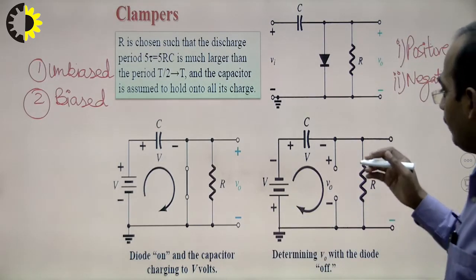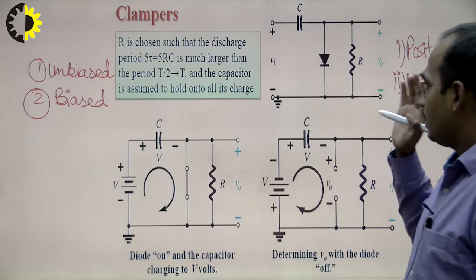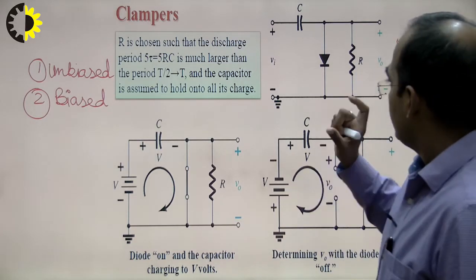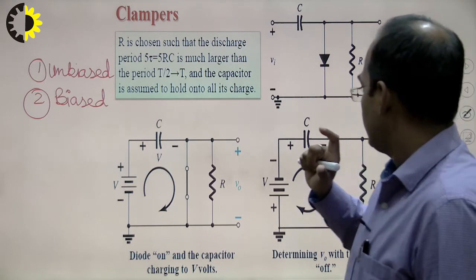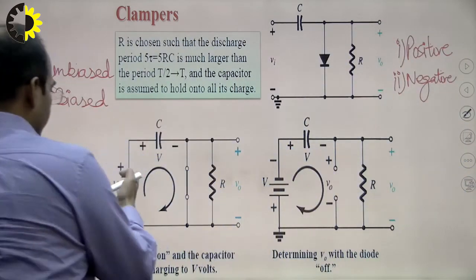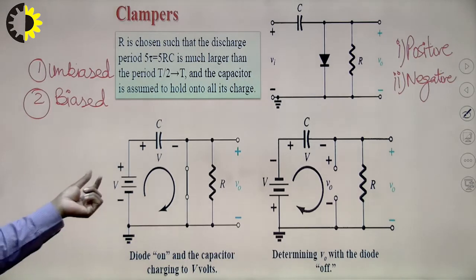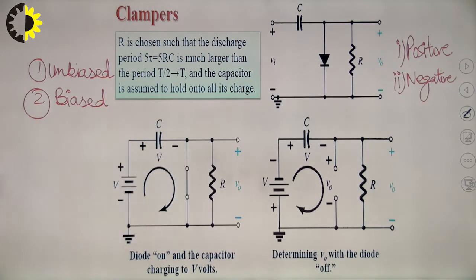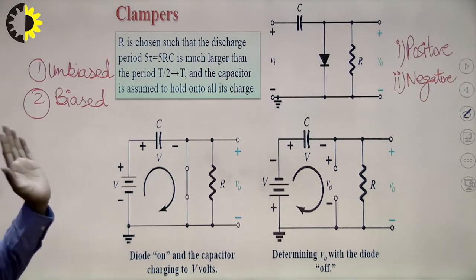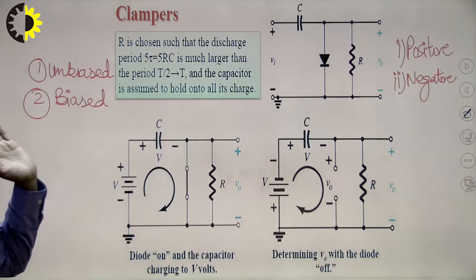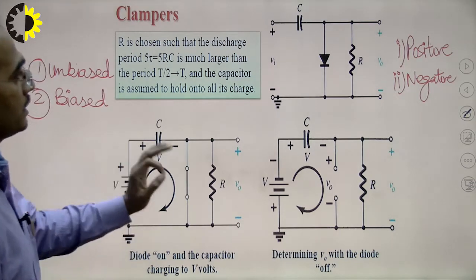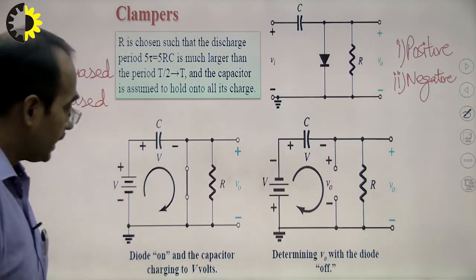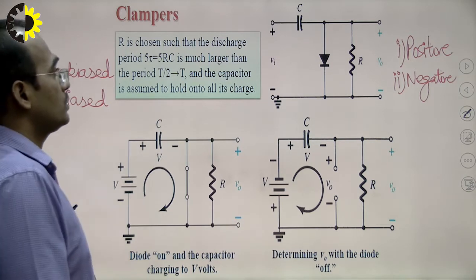So how does it work? Basically, first of all, I will consider the input voltage plus V and minus V. I will consider that half cycle of the input which makes this diode forward bias. Here resistance and capacitor are used.